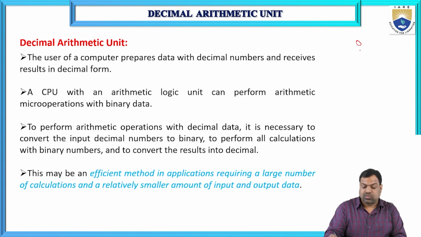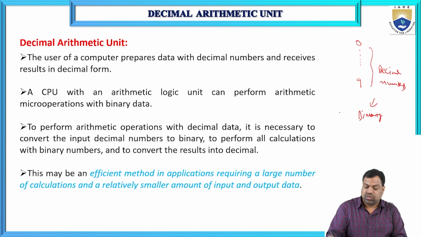When we are taking the values from 0 to 9, these are called decimal values. These are called decimal numbers. So, the computer will understand only binary numbers. But what we have to do, we are converting from decimal to binary and binary to decimal.